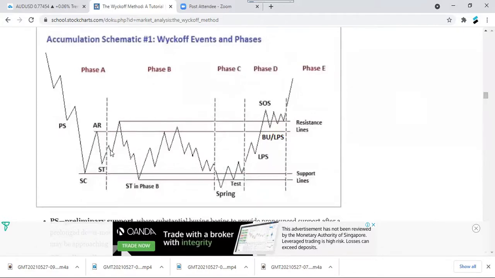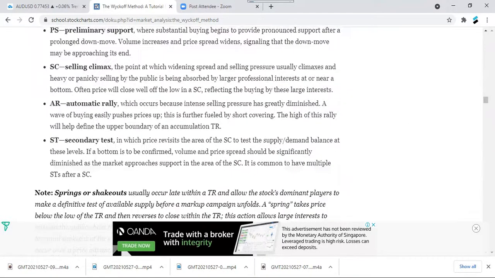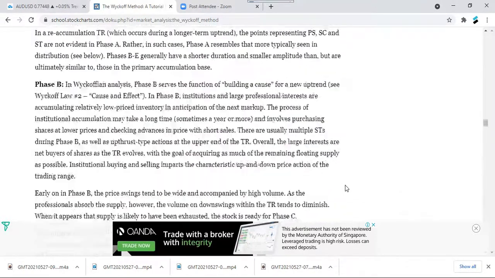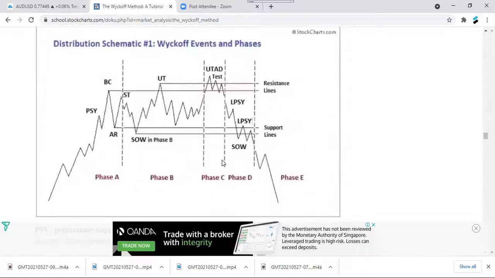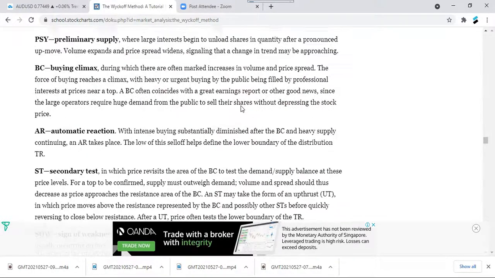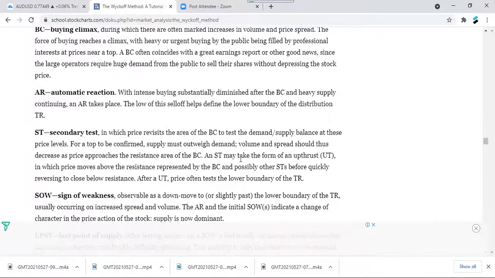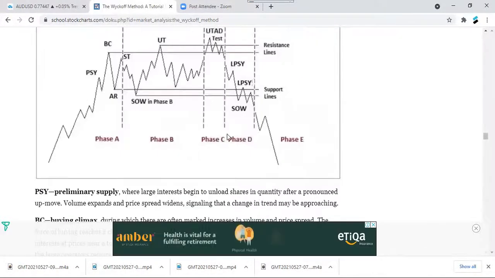This is how a schematic might look. And then followed by schematic 2, accumulation as well. And then followed by distributions, followed by another distribution. So there are 4 patterns that you need to study, because this basically describes everything about consolidation.